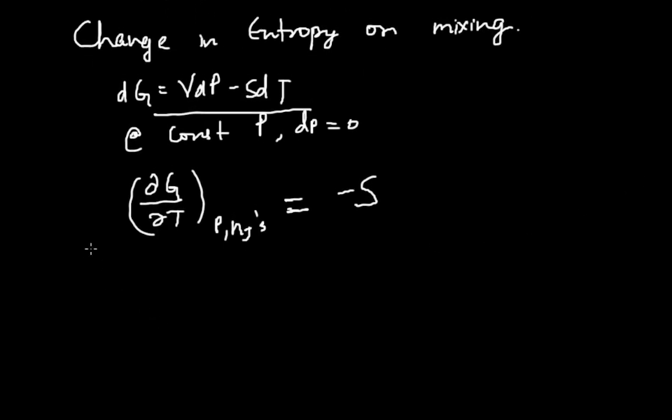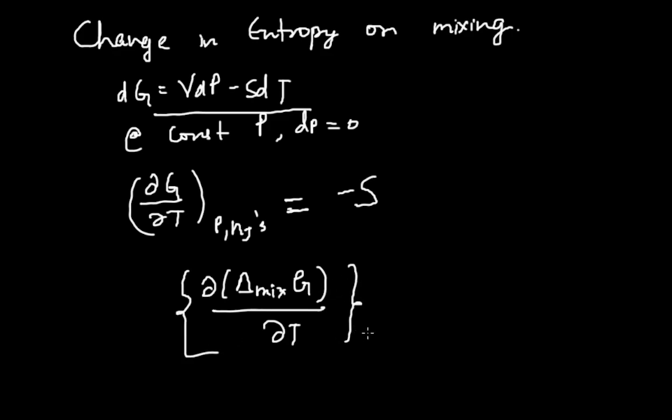Because G and S are state functions, you can write the same for the changes: dou delta mix G by dou T at constant pressure and amounts is equal to minus delta mix S, the mixing entropy.